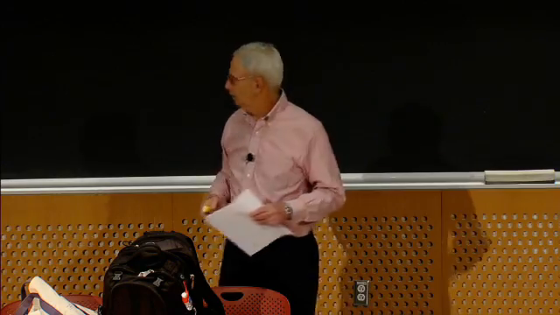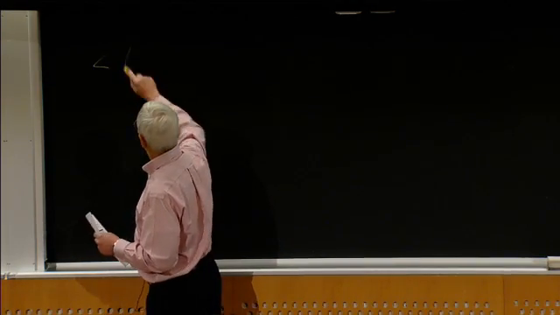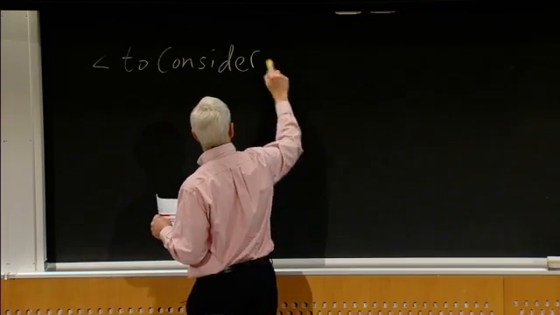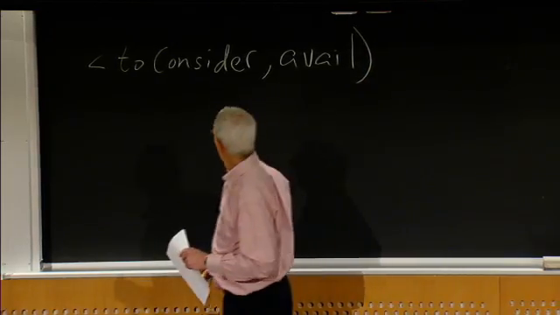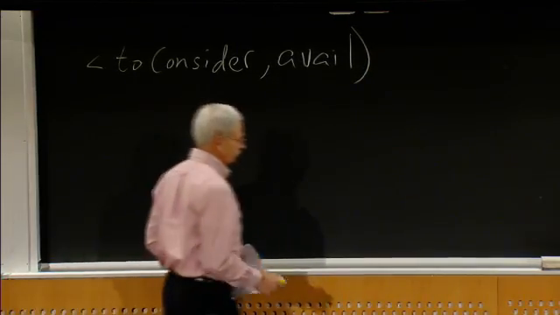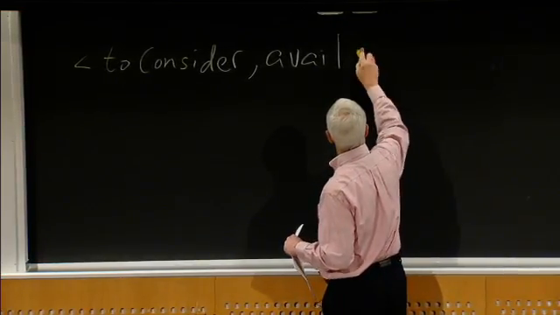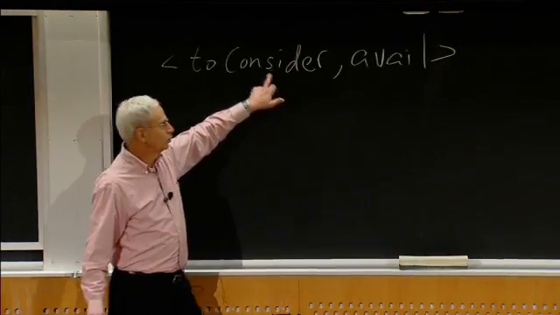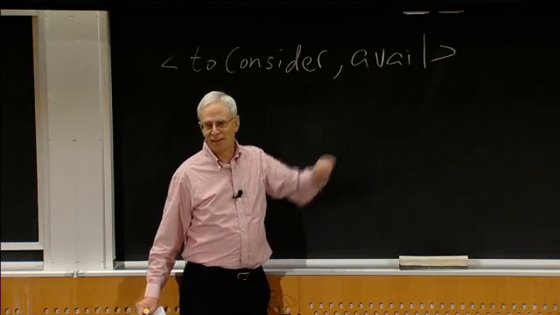Well, what governs that? We know that the keys in the memo are pairs of to consider and avail. And so the number of possible different keys will be the number of possible values of to consider multiplied by the number of possible values of avail, right?